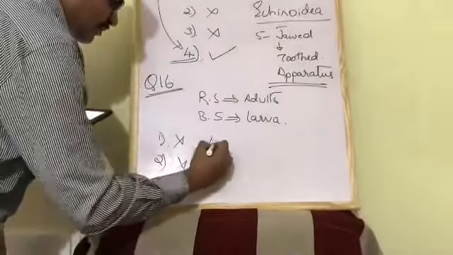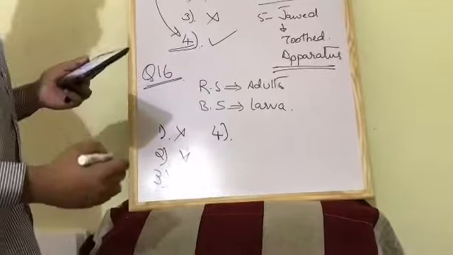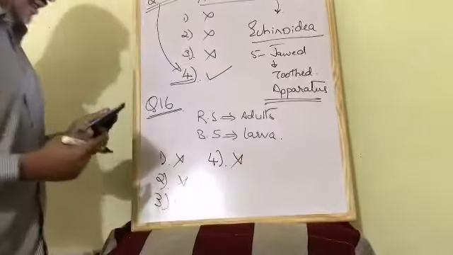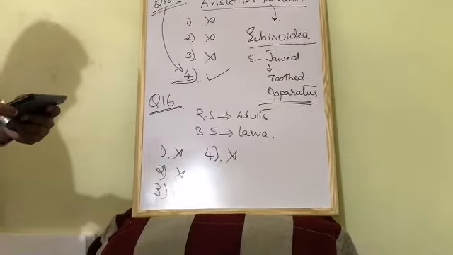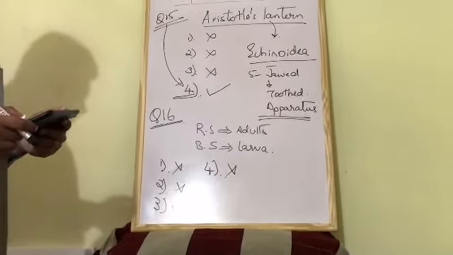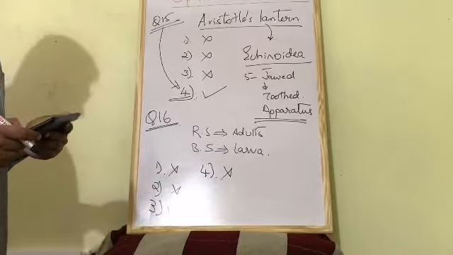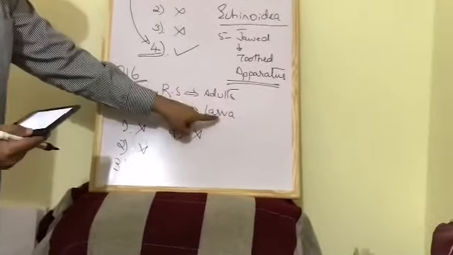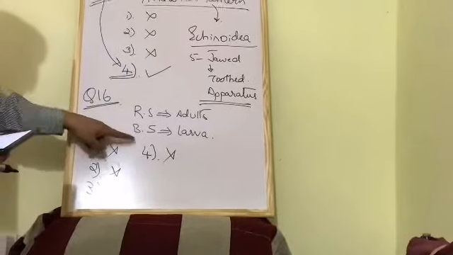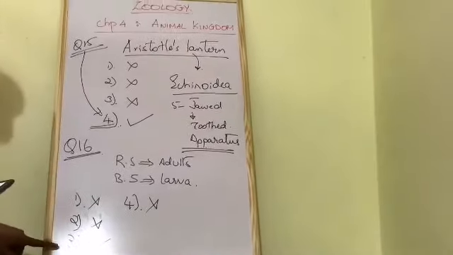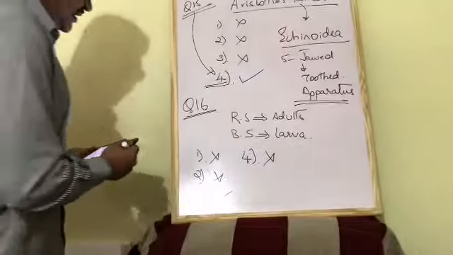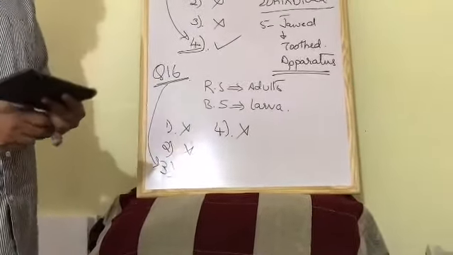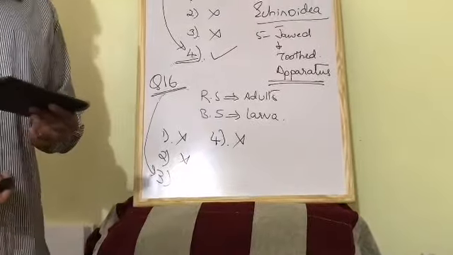Option number 4 is Annelida, which is incorrect because annelidans have bilaterally symmetrical adult and bilaterally symmetrical larva. So both adult and larva are bilaterally symmetrical in option number 4. So option number 3 is the correct answer for question number 16.